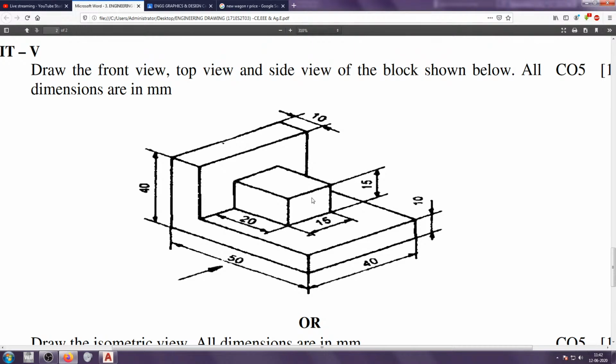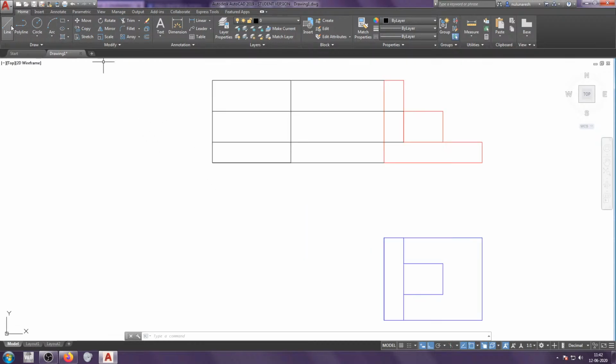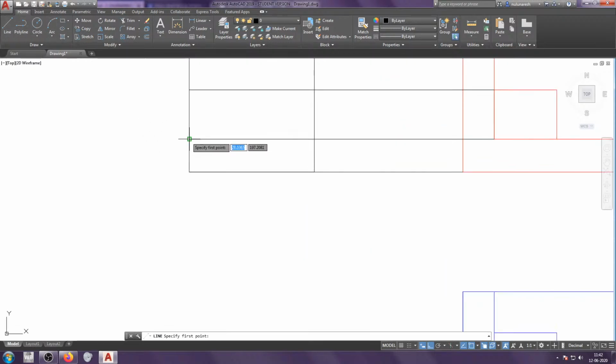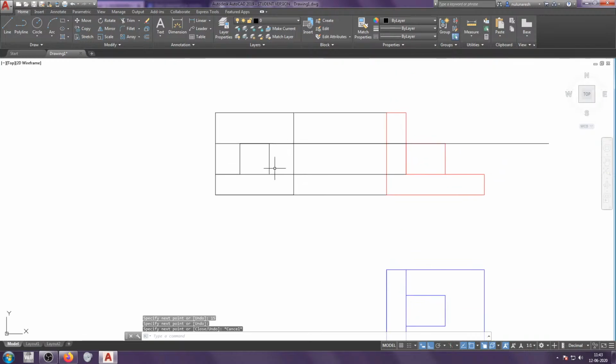We need to mention this particular face right now, which is nothing but 15 by 15, which will start in the middle, starting from 12.5 and again 15. Oh sorry, I think I might have used a dimension of 15. That is how it will look like.